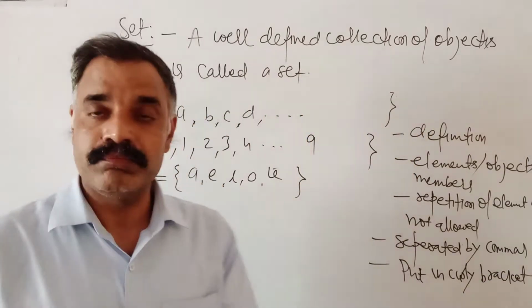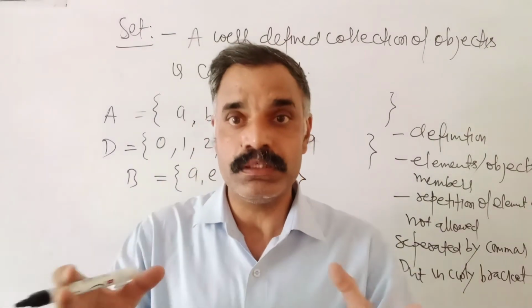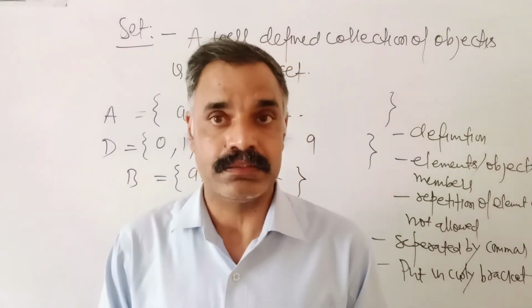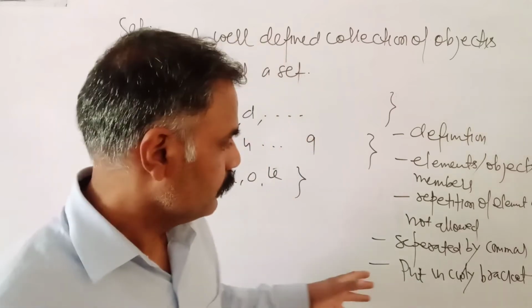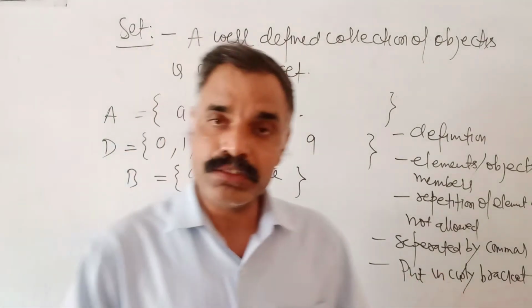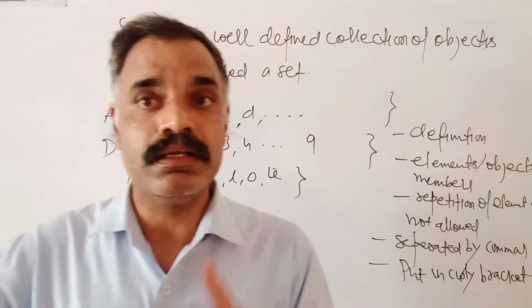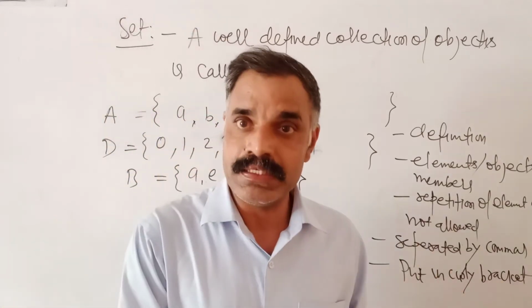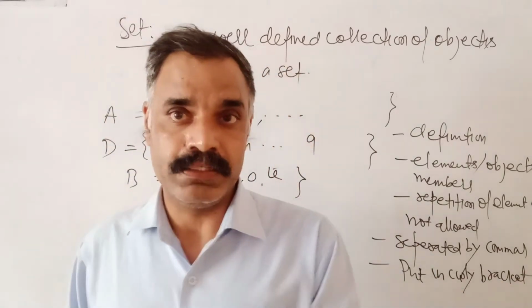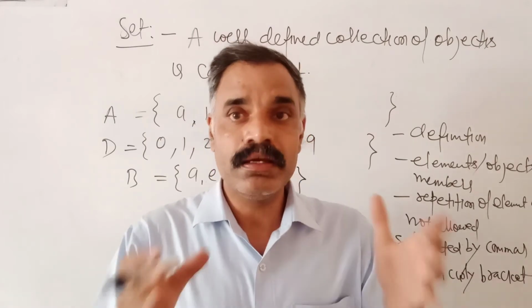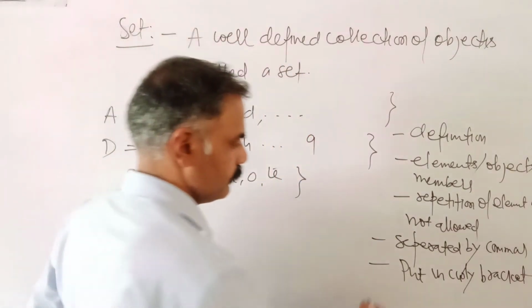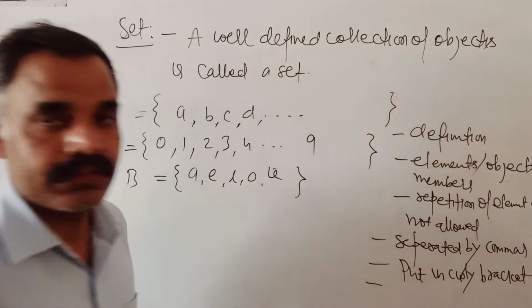Only a well-defined collection which is put in curly brackets is called a set. The elements of a set are always put in curly brackets, not in parentheses or square brackets.